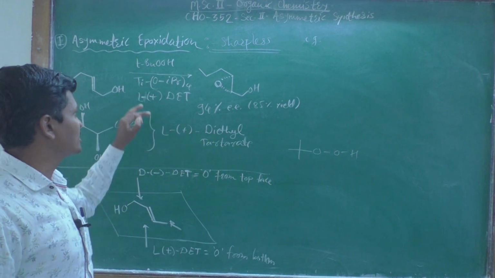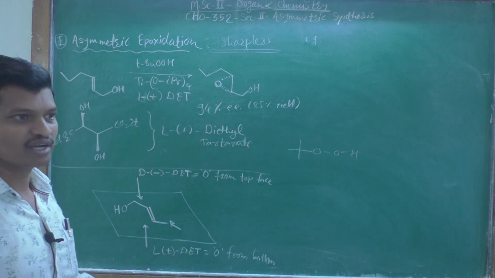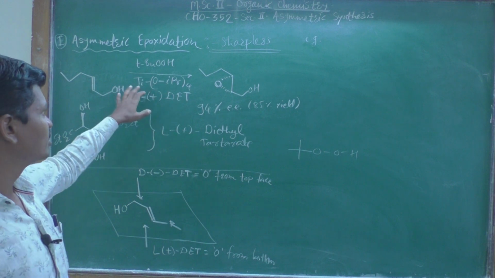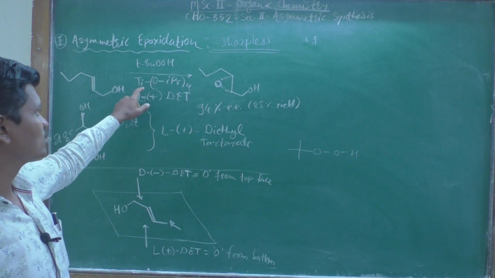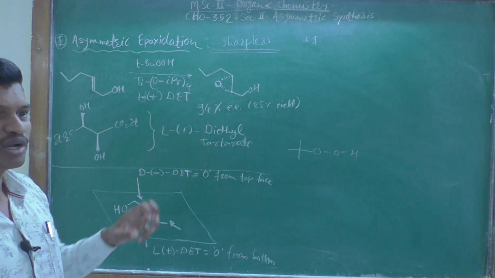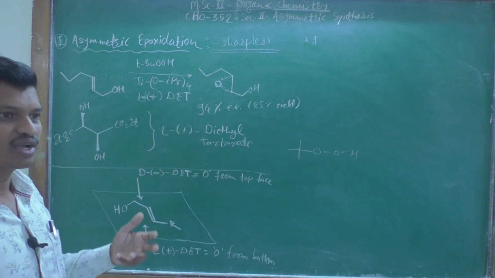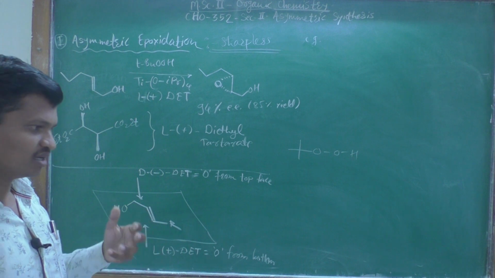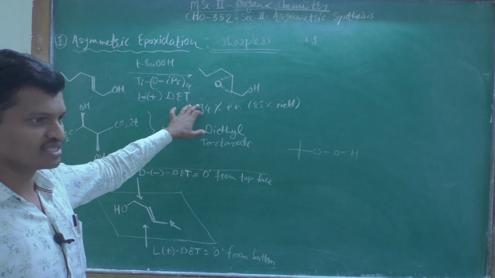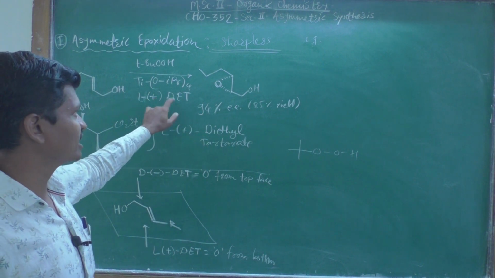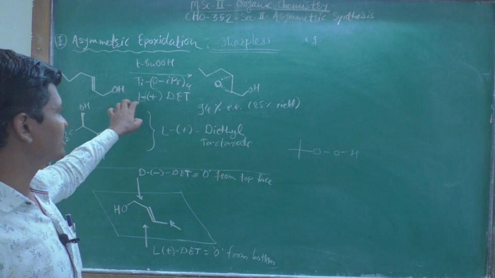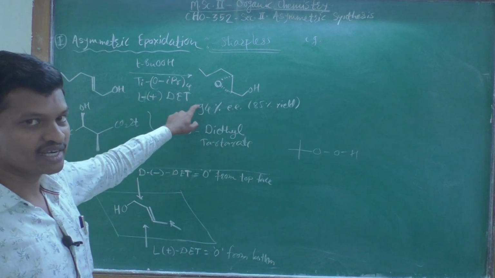Titanium tetraisopropoxide is a transition metal catalyst. Titanium is a transition metal belonging to the d block. The main important part, which is able to deliver the chiral epoxide, is diethyl tartarate, and this is L plus diethyl tartarate.